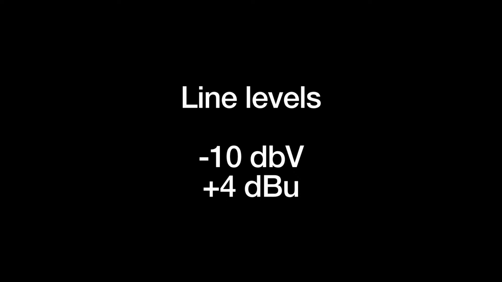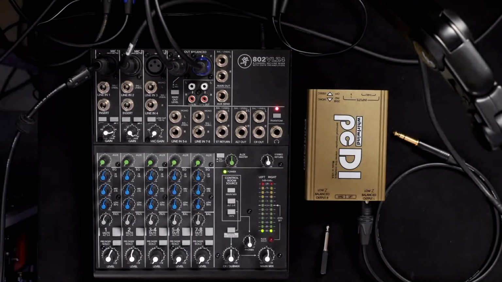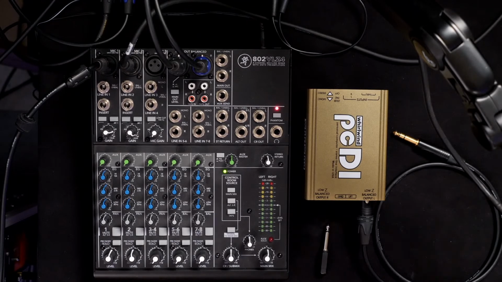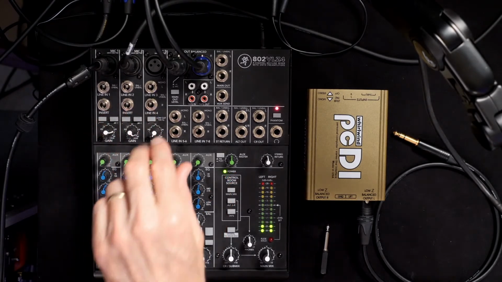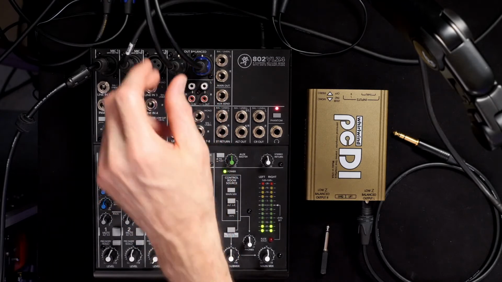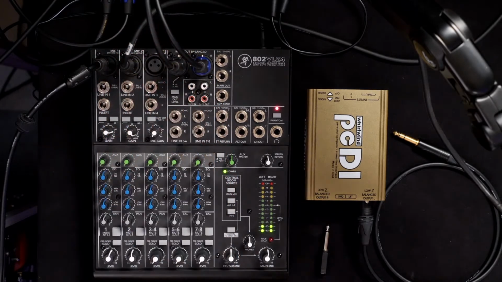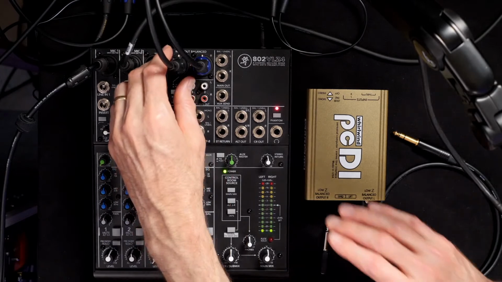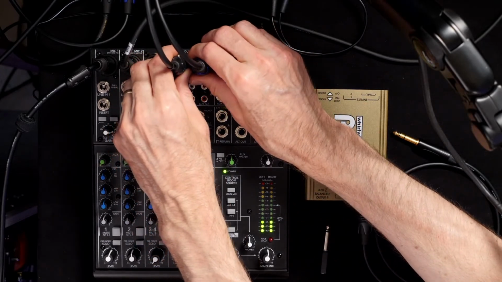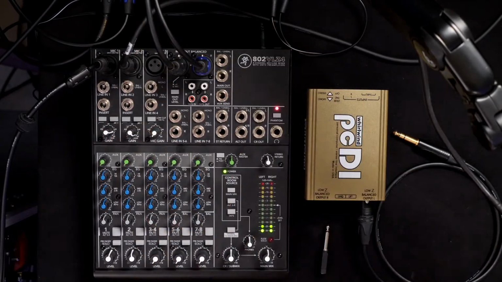Okay, let's go over to our overhead camera and take a look at what we've got here. I want to just demonstrate some of this before we go farther in the discussion. I have a mixer here, so this has balanced outputs right here. And the first thing I want to do is disconnect those. Let me describe what we're trying to do here.